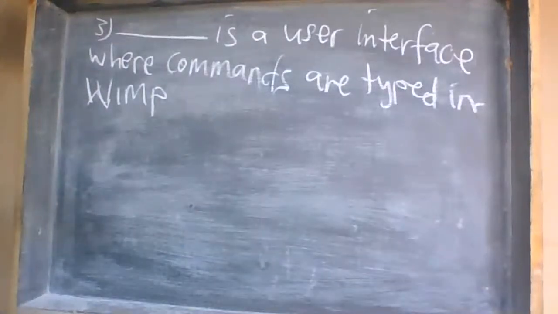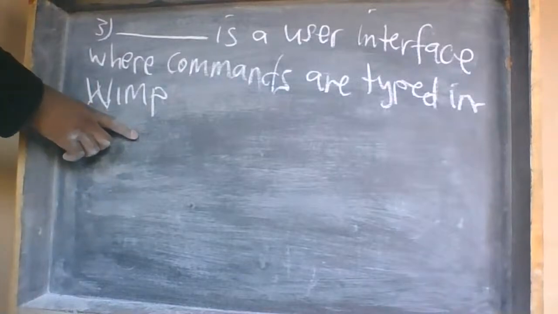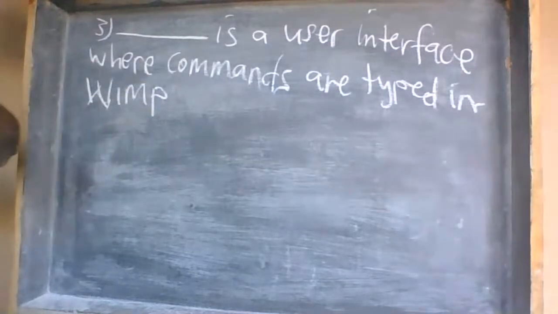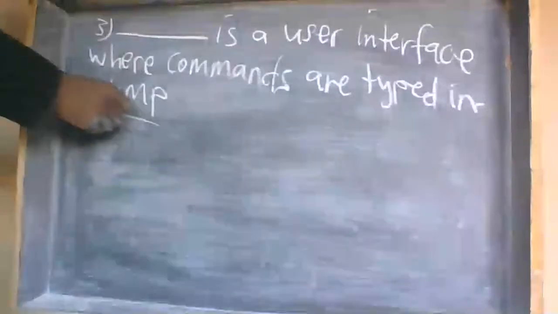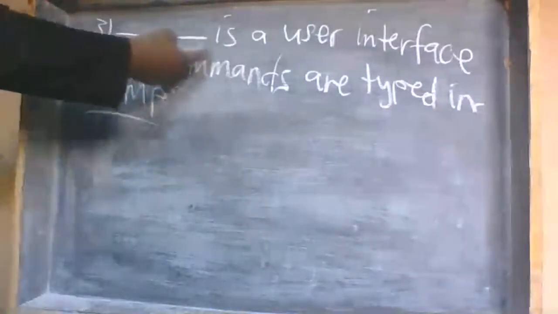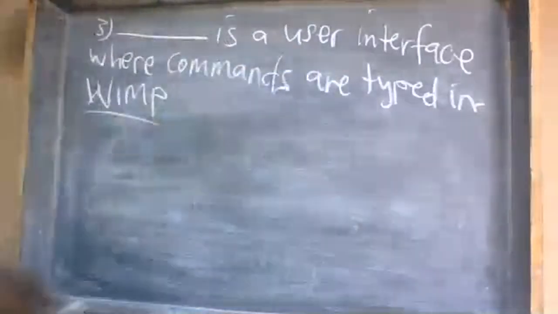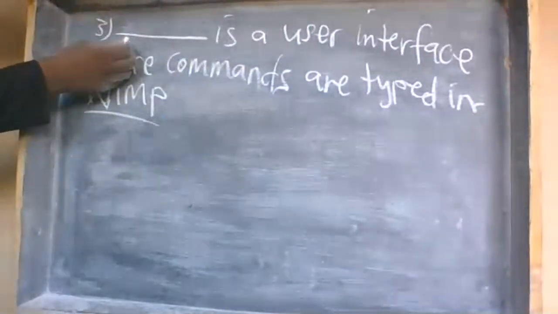Hence the innovation where people came up with the graphical user interface, which uses the WIMP. Now, dash is a user interface where commands are typed in. It's generally called the command line.